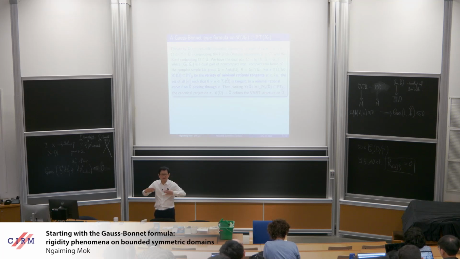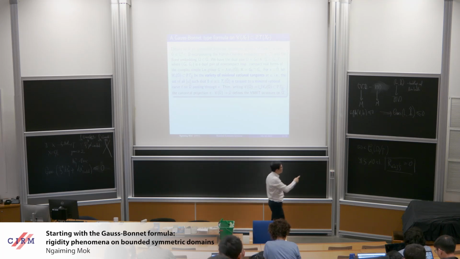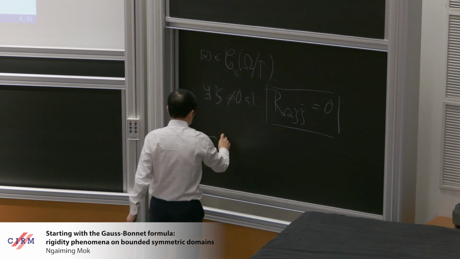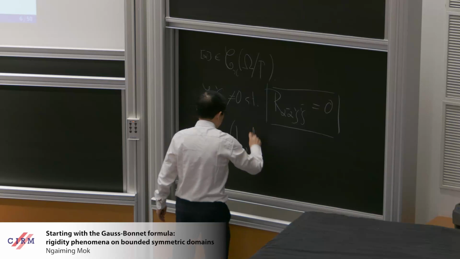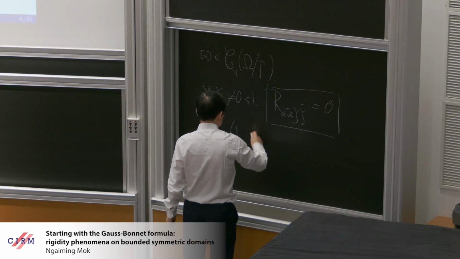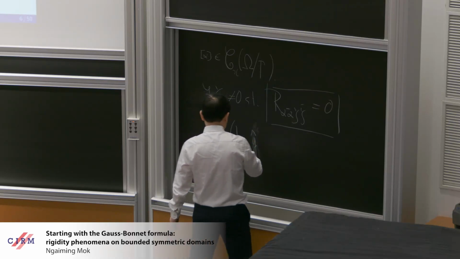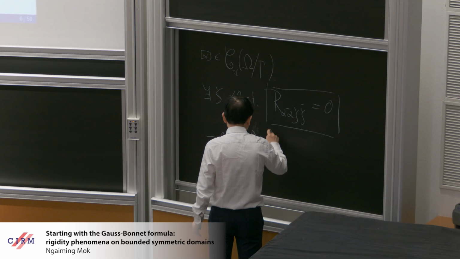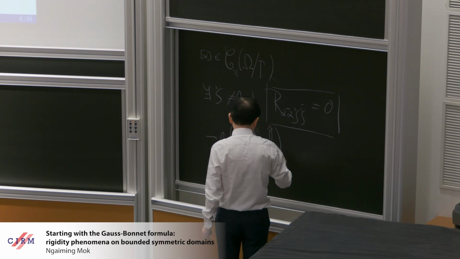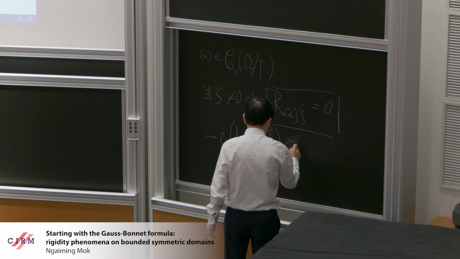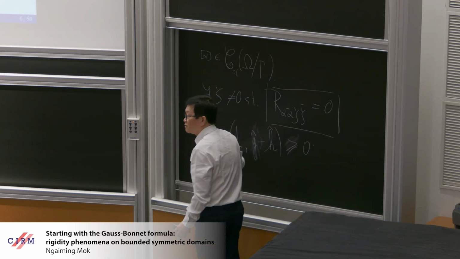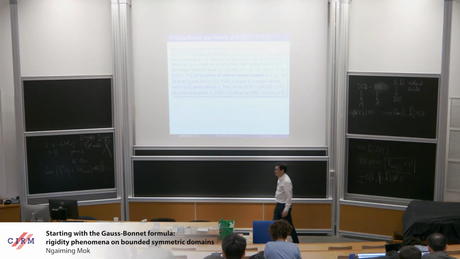You restrict this semi-negative form. The semi-negative, I can just look at minus C1 of the tautological line bundle. So this is, maybe G is the initial metric, and let me take a Hermitian metric and induce. So this is going to be bigger than or equal to 0. I put the minus sign here just to make it easier to say.